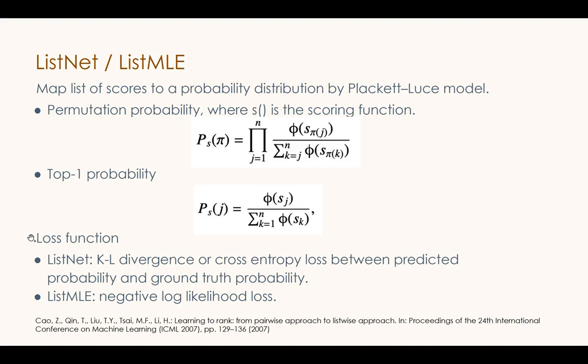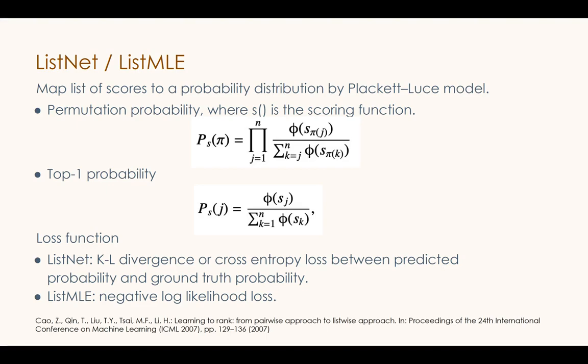The loss function for ListNet is the KL divergence, or the cross entropy loss, between the predicted probability and the ground truth probability. To calculate this kind of loss function, you need to calculate all the permutations, or all the top one probabilities.